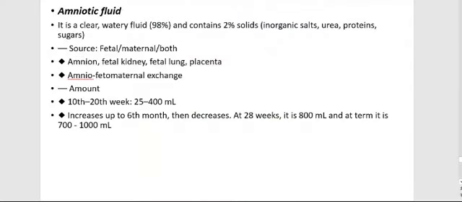So amniotic fluid. At the 10th to 12th week, it is 400 milliliters. Then it will increase up to 6 months, and then it will decrease. At the 28th week, normal is 800 milliliters, and at full term it is supposed to be 700 to 1000 milliliters.